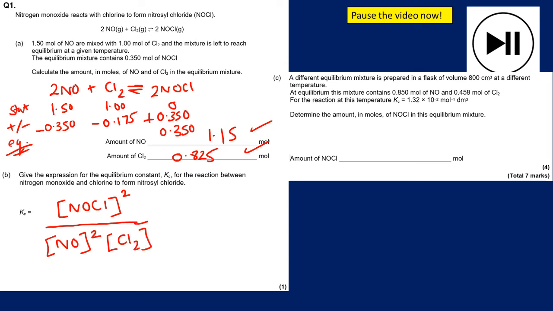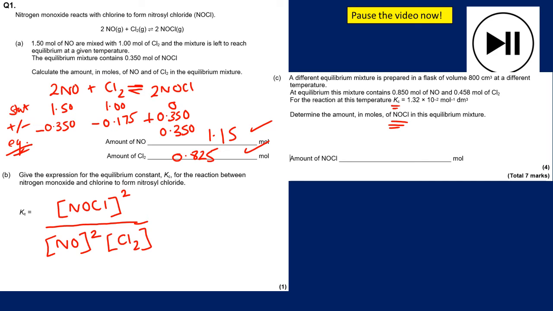Okay, moving on to part C. A different equilibrium is prepared in a flask of volume 800 centimeters cubed at a different temperature. The equilibrium mixture contains, so they're telling me the number of moles it contains, and for this we're given Kc, and they want us to determine the amount of moles of NaCl. So we're using the same equilibrium Kc expression, but I'm going to rearrange it a bit because I'm trying to calculate the moles of NaCl.